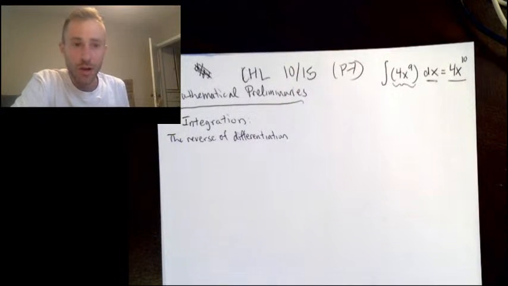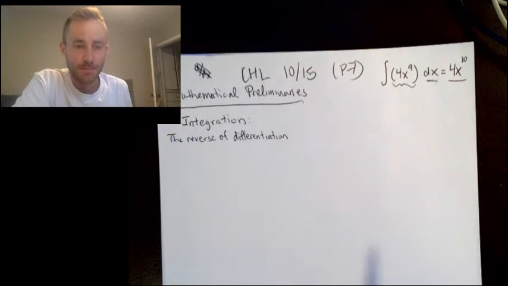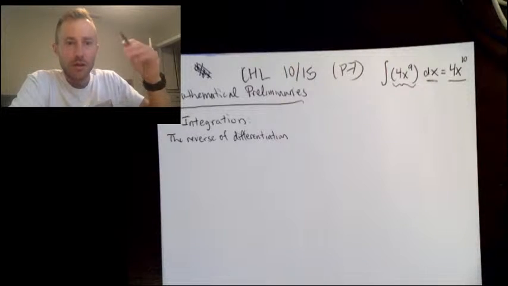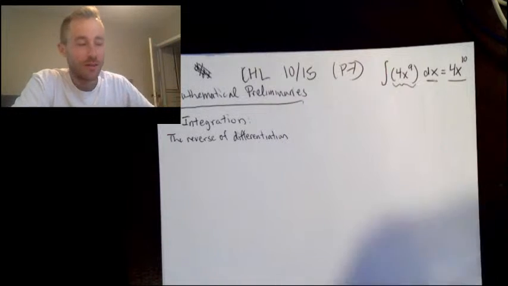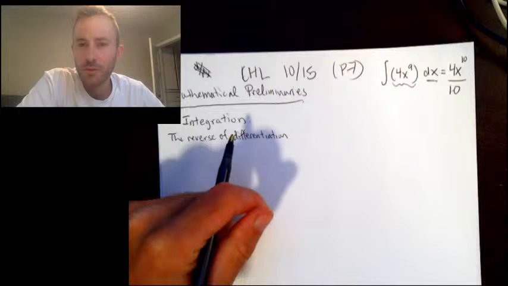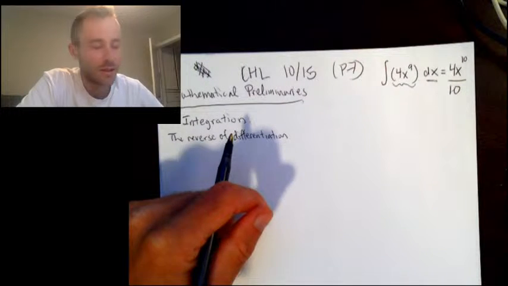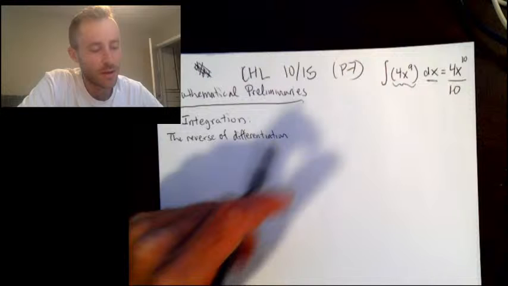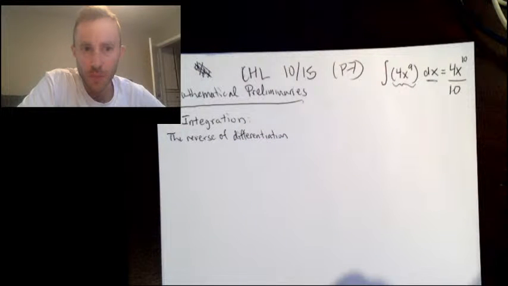And remember how we multiplied by the power when we differentiated. In integration, we divide by the bumped up power. So we divide by 10. So 4x to the 10th divided by 10 is that integral.